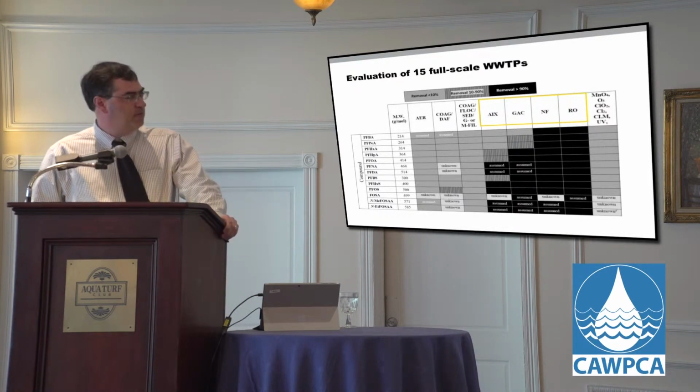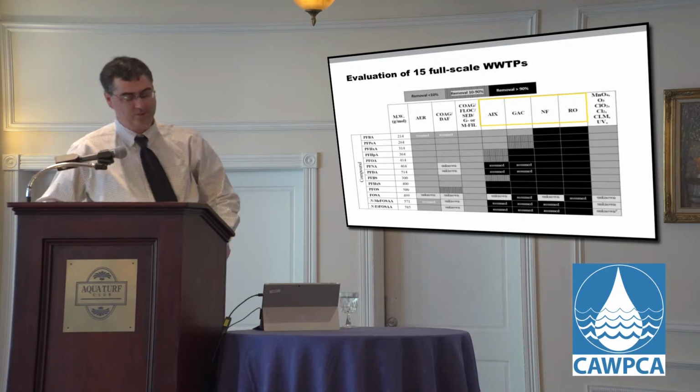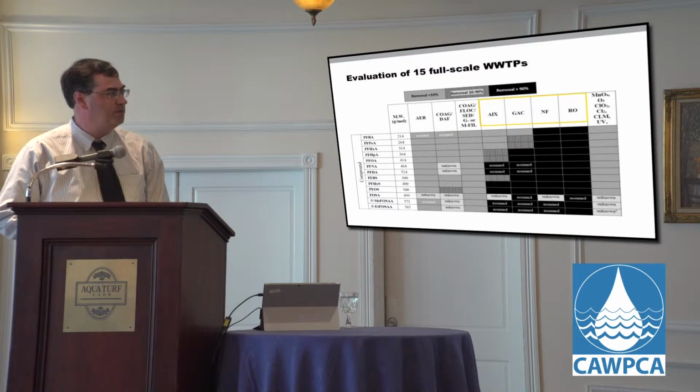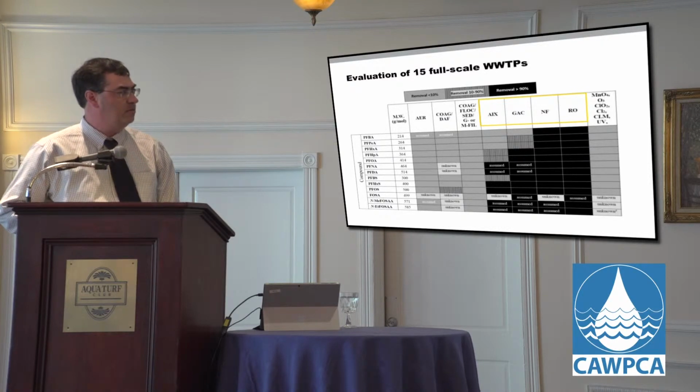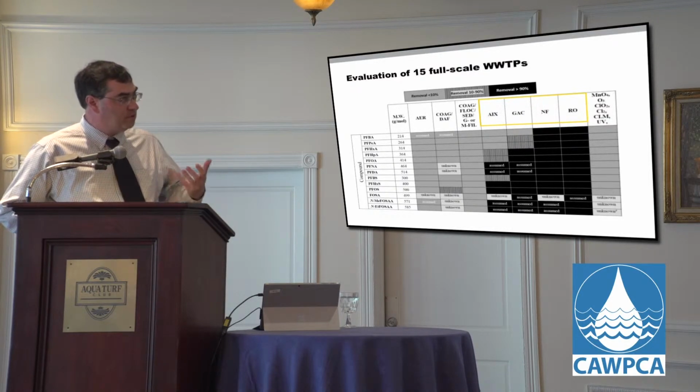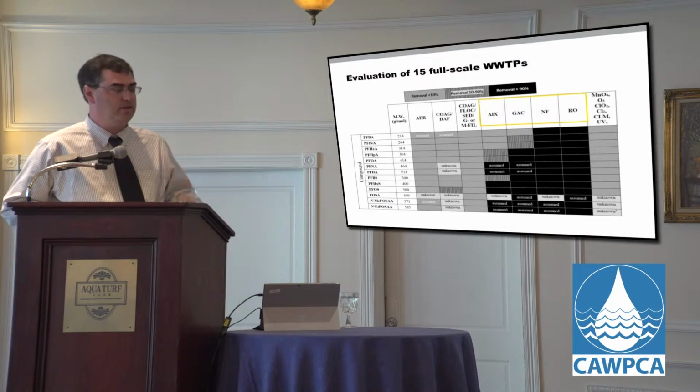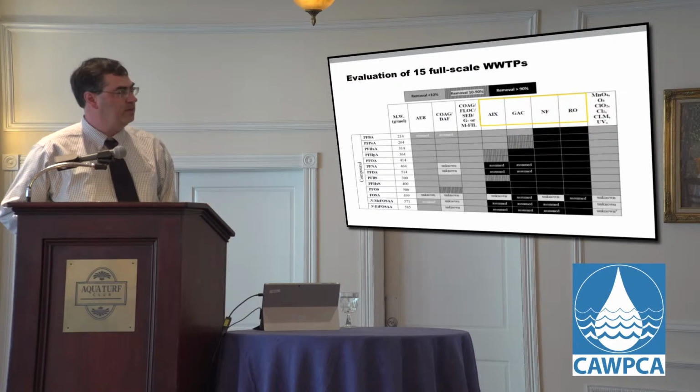So this is black because it's kind of a gloomy slide, gloomy news. So I'll just explain what this is. This is looking at a bunch of different facilities throughout the world and what they use to take out PFAS. The very dark or the very black is the more efficient at taking out PFAS, and then the gray is the bottom end, not very effective at taking it out.